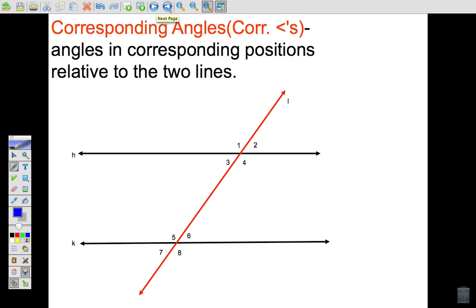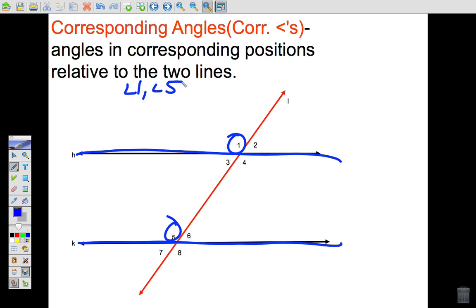All right, last one we have is what we call corresponding angles. Corresponding means one of the angles is outside the blue lines, or the two lines that the transversal crosses, and one of them is inside the blue. And they're on the same side of the transversal. You might want to make a note on this. So 1 and 5 are corresponding. Another pair would be angle 3 and angle 7, right?